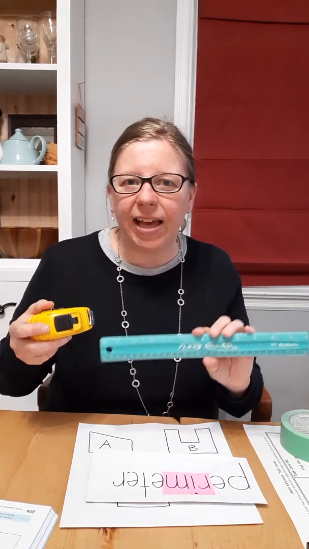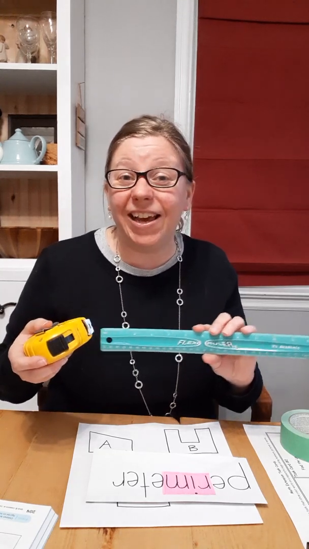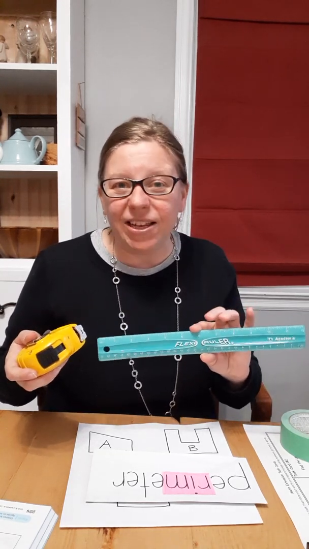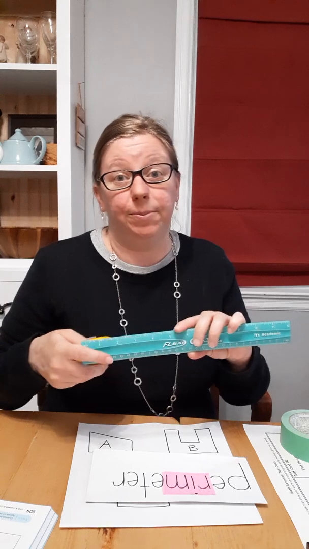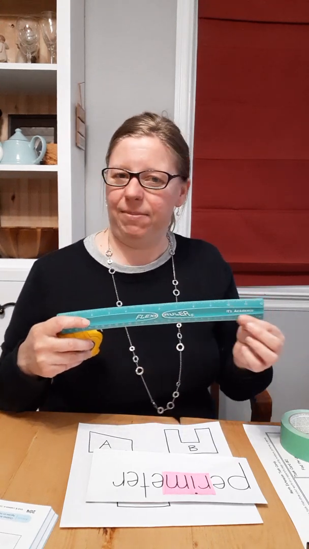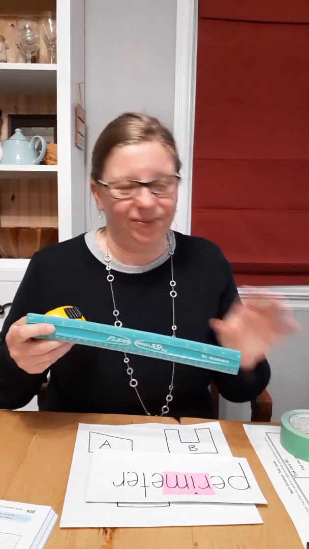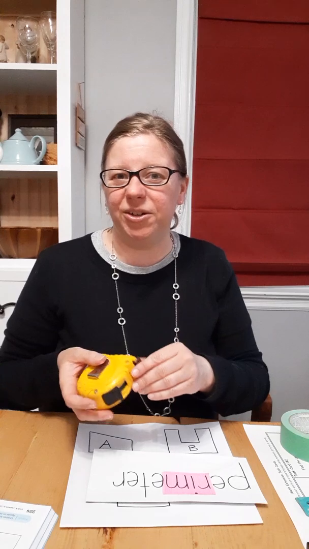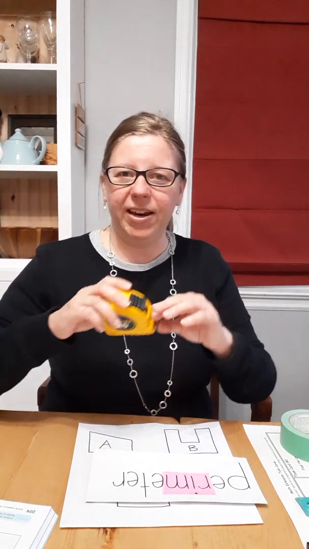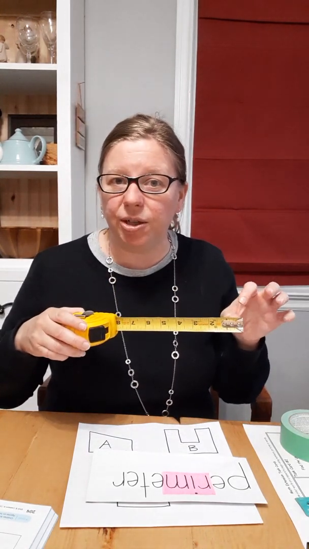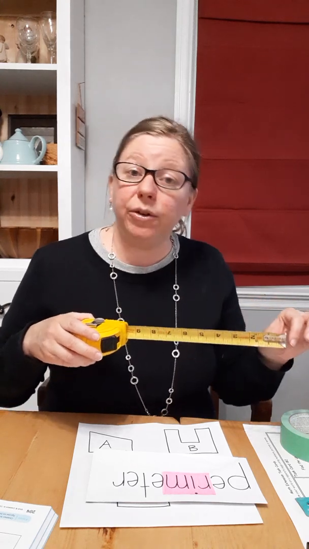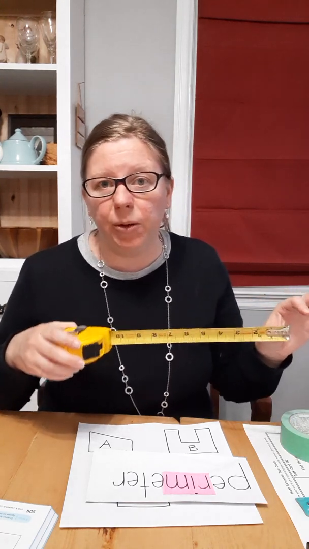And for our class, for learning in Canada, we are using the metric system, which is an important word that means to use centimeters and meters, decimeters for measuring, the standard units of measure. All right, so let's make sure that you use the correct edge. And you can ask a grown-up or an older sibling to help you with that.